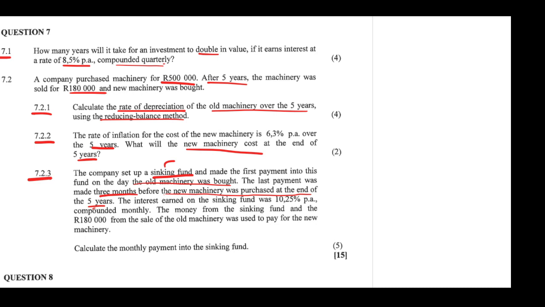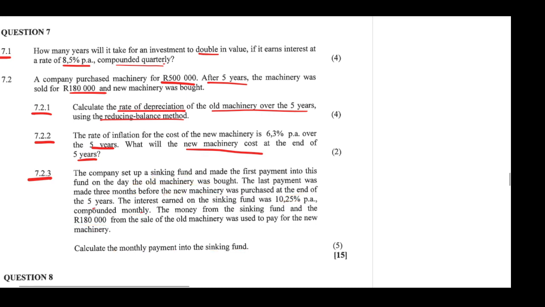The interest rate earned on the sinking fund was 10.25% compounded monthly. The money from the sinking fund and the 180 from the sale of an old machinery was used to pay for the new machinery. Calculate the monthly payments into the sinking fund. So the formula for a sinking fund, let me just erase this.